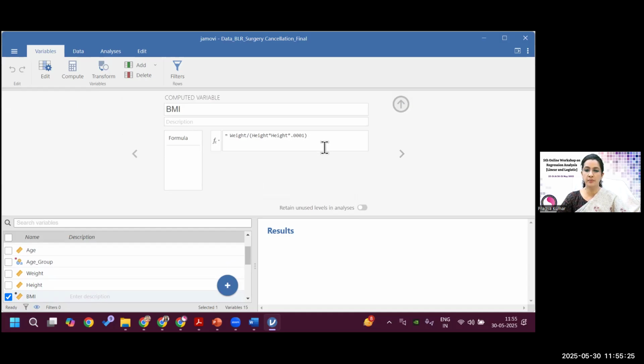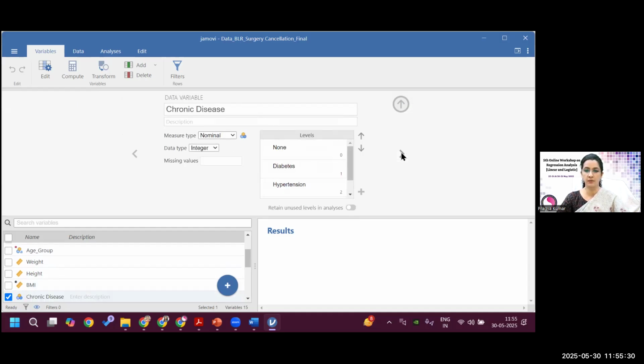And then the BMI, using the compute option, we have calculated the BMI. Then chronic disease has levels: none, diabetes 1, hypertension 2, and both is 3. So there are 4 levels of chronic disease. Admission type: if admission is through OPD, it is 1. If it is through IPD, it is 2.